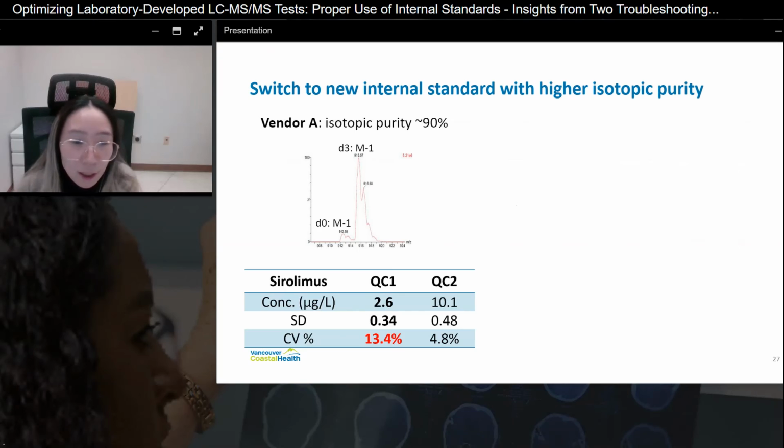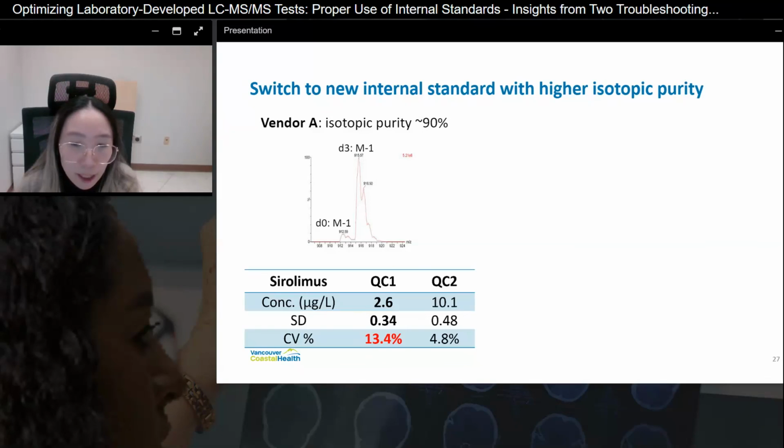And after extensive troubleshooting, we found out that the issue might again be the internal standard. For sirolimus, we are using an internal standard from vendor A, and this specific lot has an isotope purity of only about 90%, and about 8% of the internal standard material is actually D0, which is the same as the analyte.